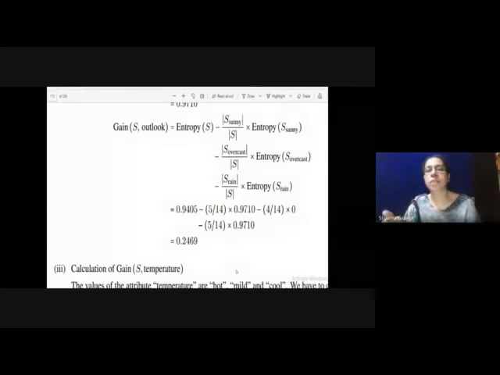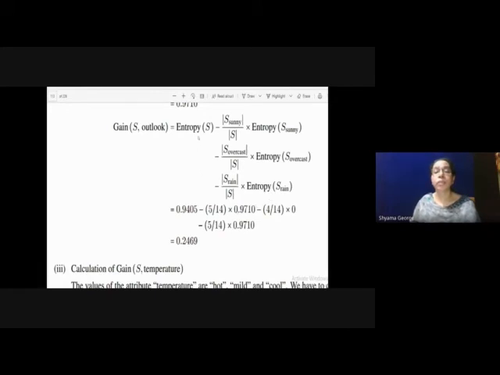So now you want to find the gain of the attribute outlook. Gain is the entropy of the whole data set, minus the size of S sunny divided by S into the entropy of S sunny, minus S overcast divided by S into the entropy of S overcast, minus S rain divided by S into the entropy of S rain.